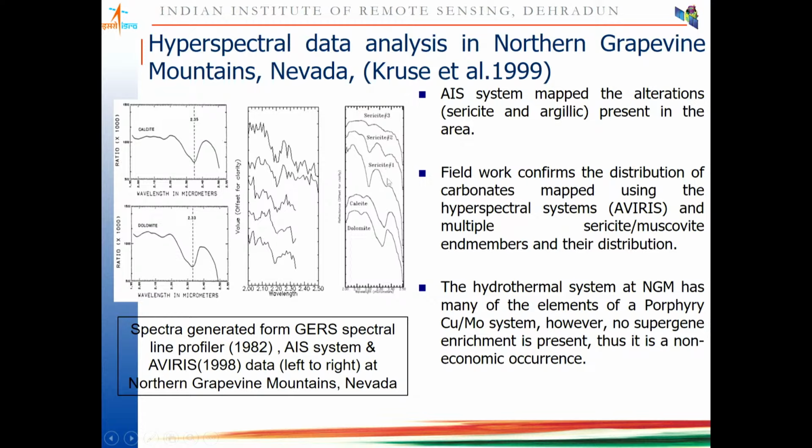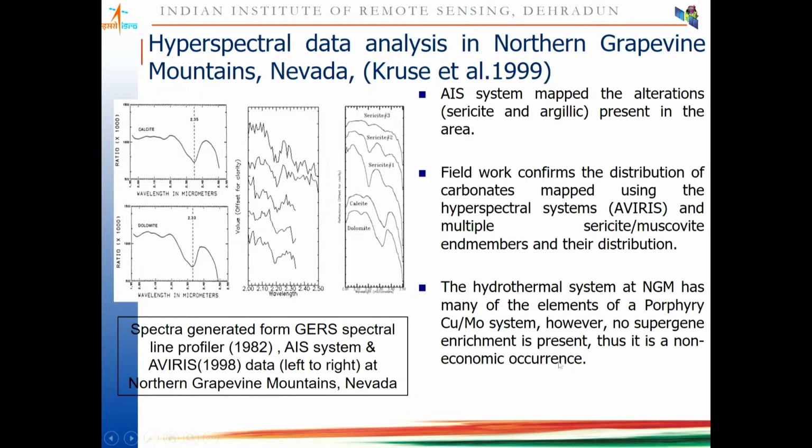There is some variation in the mineralogy, and for carbonates they can identify the dolomite and calcite clearly. So the hydrothermal system here has many of the elements of a porphyry copper system. However, no supergene enrichment at present.